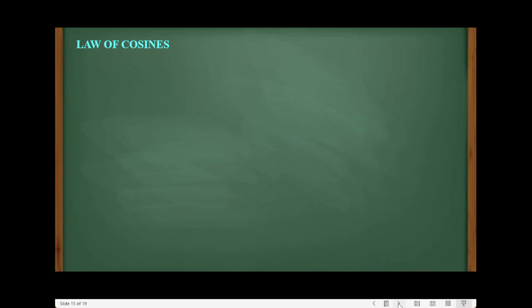So in this particular presentation, under the last two cases of three given parts, we are now going to consider a different formula, and we call this the law of cosines. Okay. Now, what is this law of cosines all about?